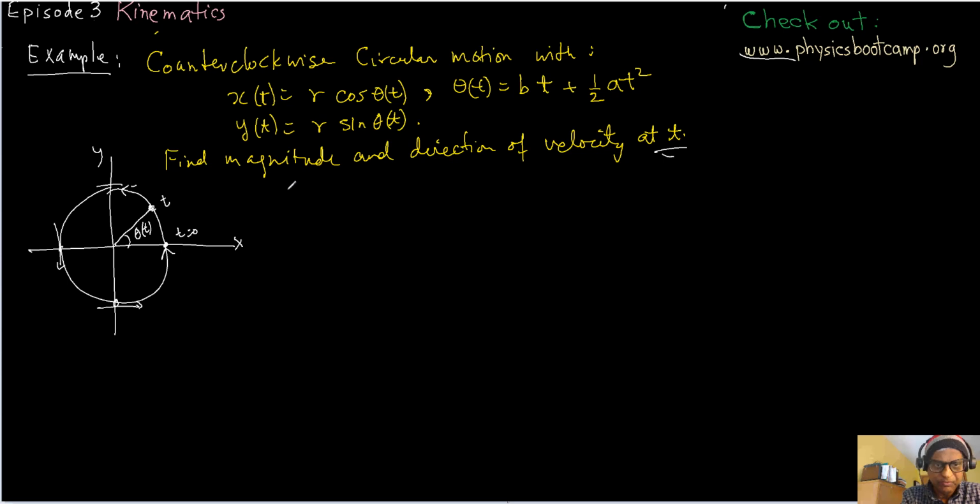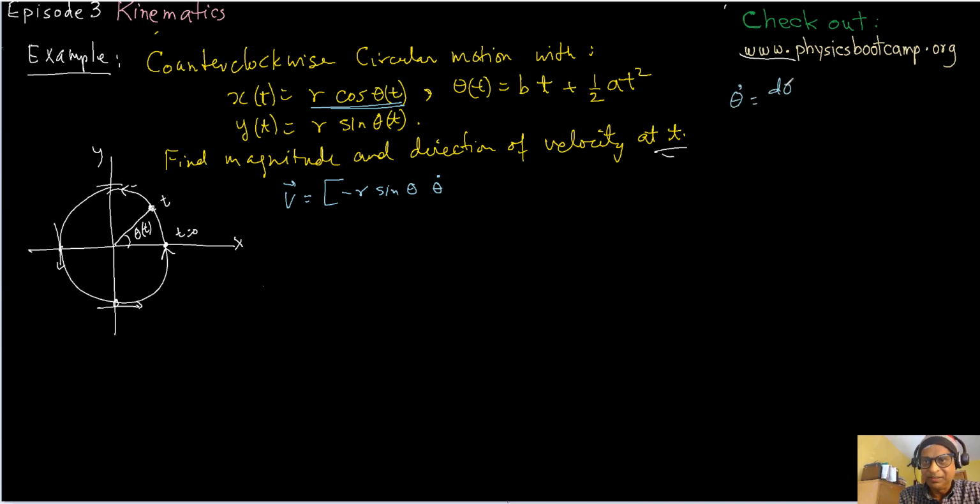So if I do the velocity vector, and if I take the x component, take the derivative of that, this becomes minus r sine theta, and then I've got to do the theta derivative, dot. So we're going to use Newton's notation.